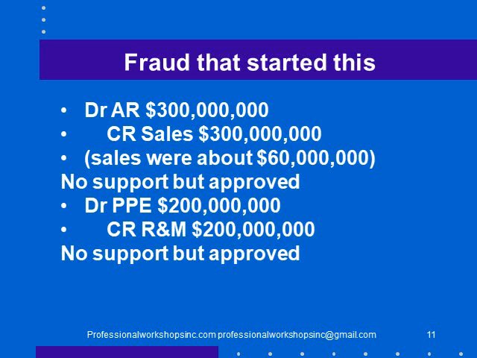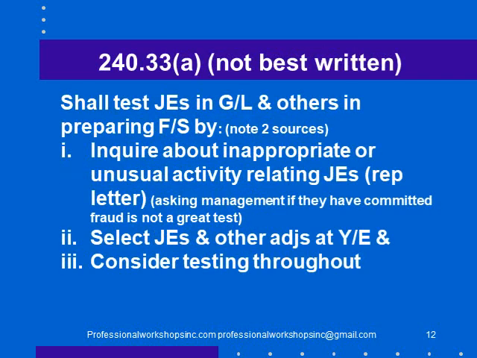Because I would have been all year long expecting sales are about 60 million, and now they're 360 million, all by a journal entry at year end. What the heck? So professional standards were, of course, promptly modified, and it's not the best written standard, 240.33a.